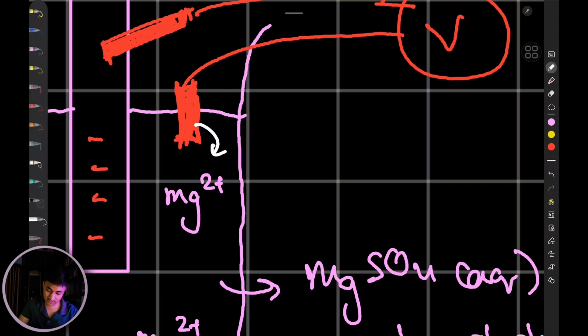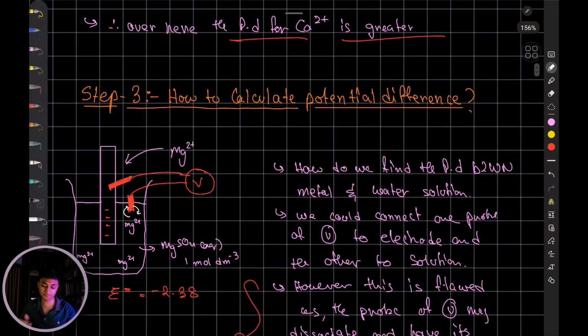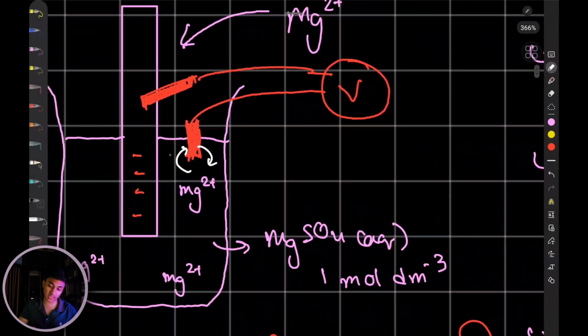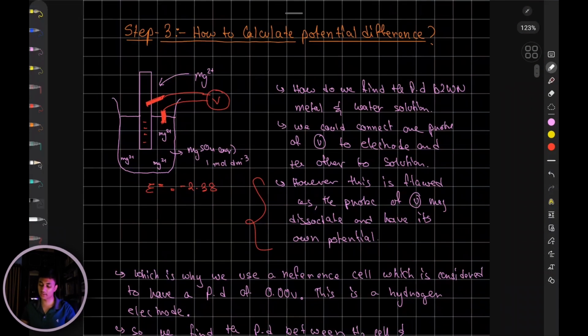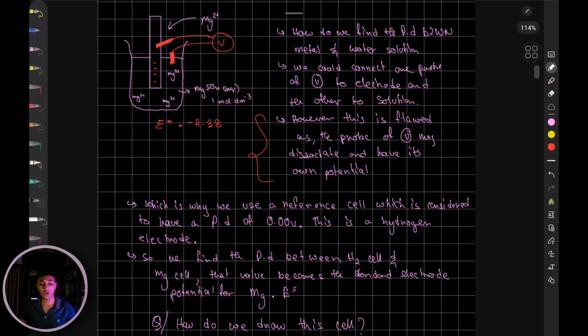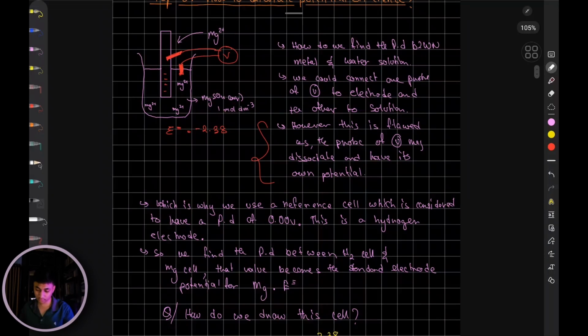Some of the ions will go to one place, some to another, so it establishes its own redox equilibrium. It is not going to give you an accurate reading, which is why we don't do this.